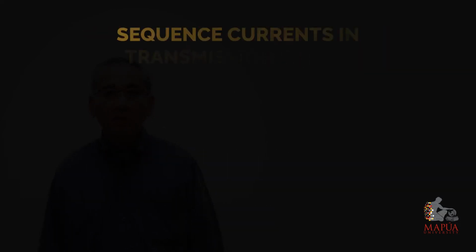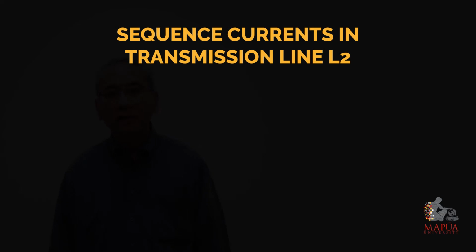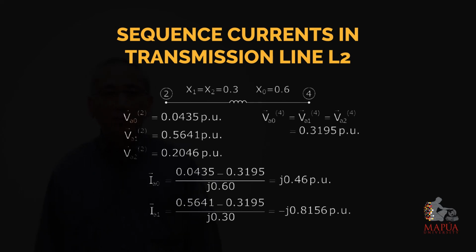Now for sequence currents in the transmission line L2, VA0 at bus 2 is equal to 0.435 per unit, VA1 at bus 2 is 0.5641 per unit, VA2 at bus 2 is 0.2046 per unit, and VA0, VA1, VA2 at bus 4 are equal to 0.3195 per unit.